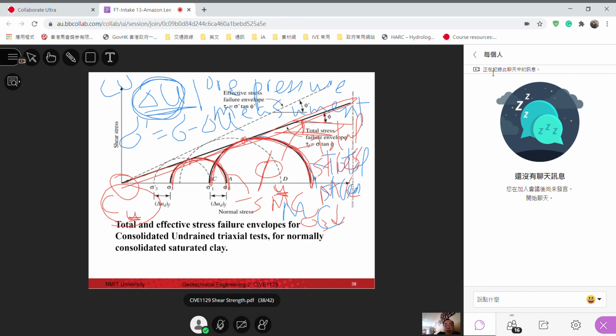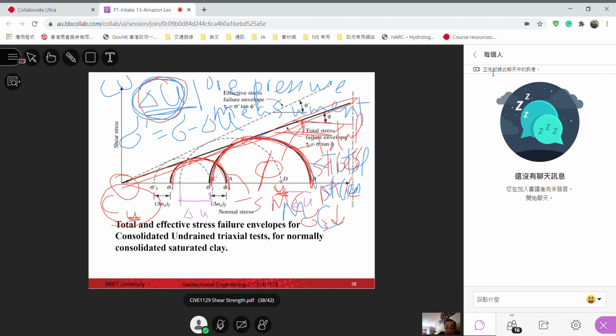If we have the pore pressure measurement, then from the Mohr circle we can subtract the pore pressure and obtain the effective stress. Total sigma 1 minus pore pressure gives the effective sigma 1. Total sigma 3 minus pore pressure, the pore pressure is the same, gives the effective sigma 3.